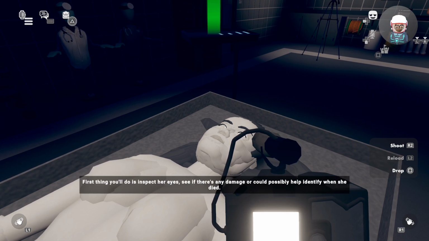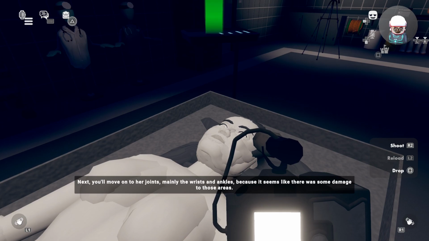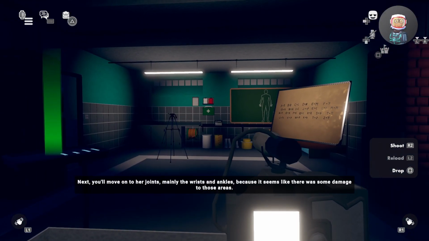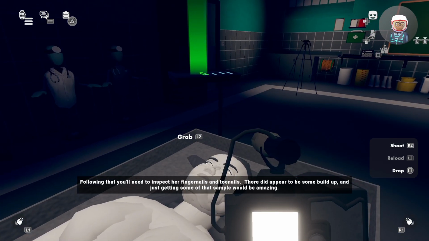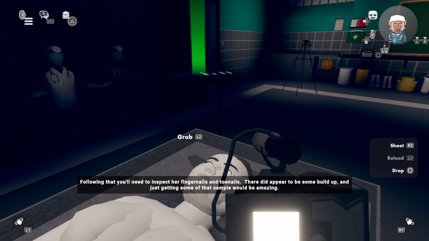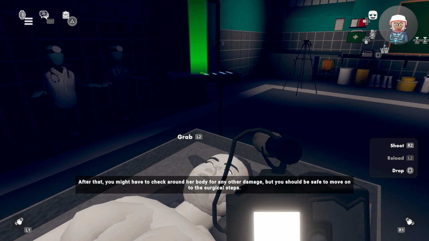First thing you'll do is inspect her eyes. See if there's any damage or could possibly help identify when she had died. Next, you'll move on to her joints, mainly the wrists and ankles, because it did seem like there was some damage. Following that, you'll need to inspect her fingernails and toenails. There appeared to be some buildup, and just getting some of that sample would be amazing. After that, you might have to check her body for other damage, but you should be safe to move on to the surgical steps.